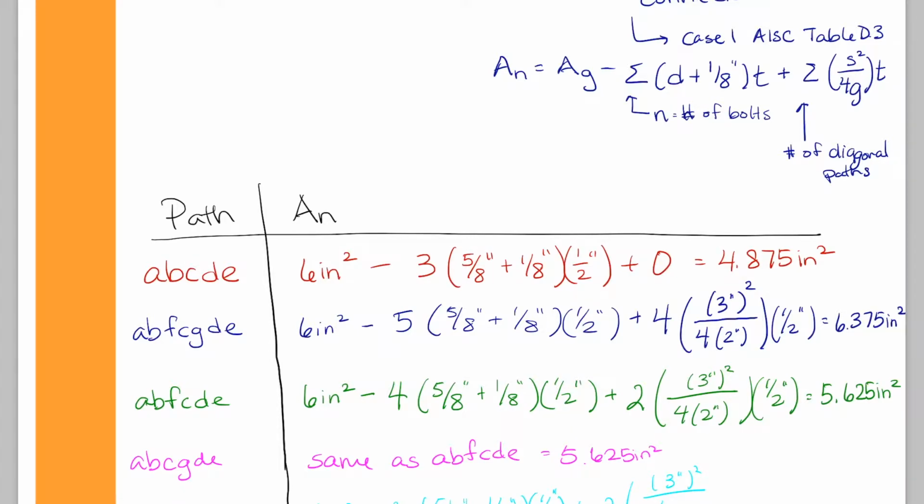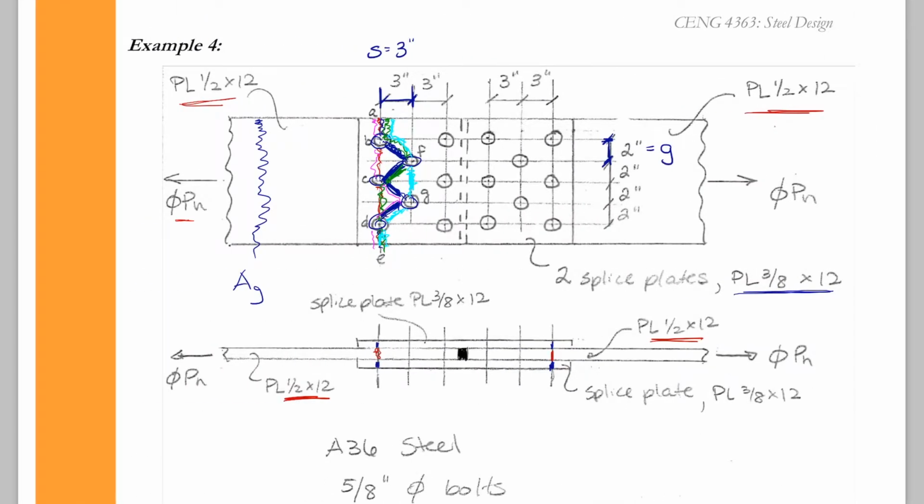So already we should be able to see that it's going to have the same net area as the previous 2 that we calculated. However, ABFGDE is not likely to control relative to those 2 previous ones. And that is because if we did a free body diagram of this line, we would see that it only contains now 1, 2, 3, 4, 5, 6, 7 bolts on that free body diagram.